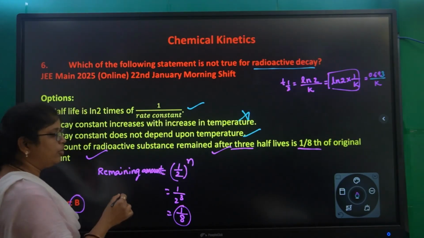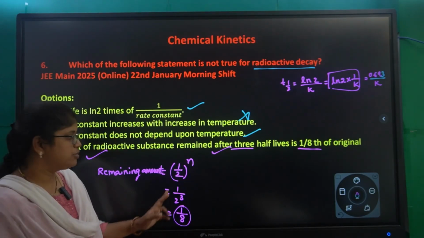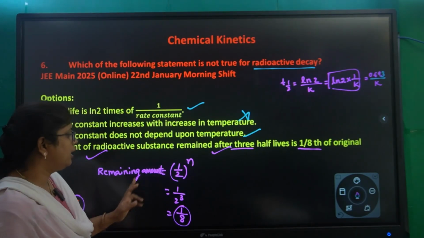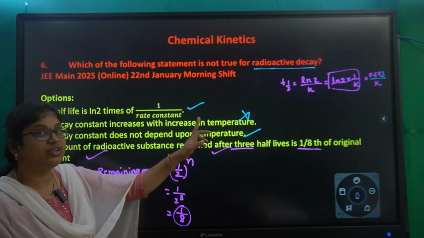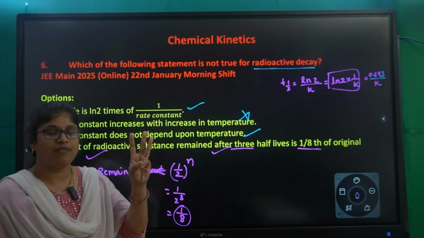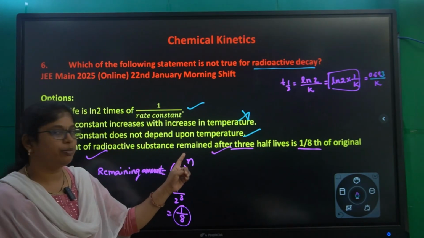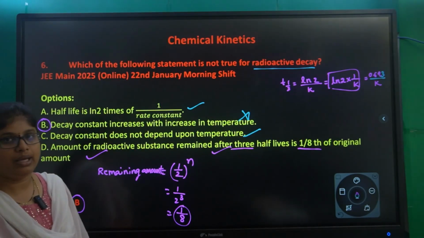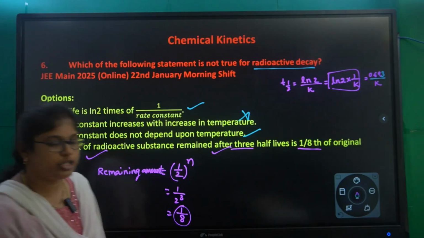So the remaining amount after n half-lives will be 1 by 2 to the power of n. He is asking remaining amount after 3 half-lives. So 1 by 2 to the power of 3, that is equals to 1 by 8 times of the original amount.